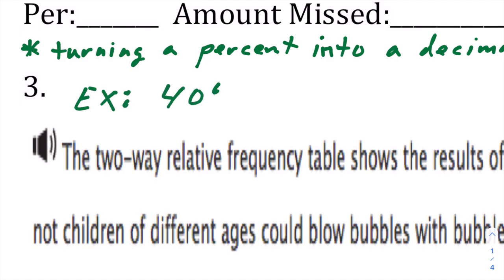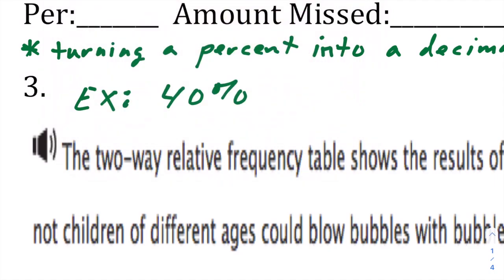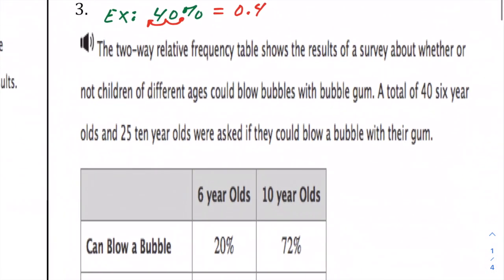So let's say 40%. So I am going to drop the percent. Your decimal is actually there, and I'm going to go to the left this time, 2 places, which means I can end up with 0.4 or 0.40 if you would like. That's okay to do.